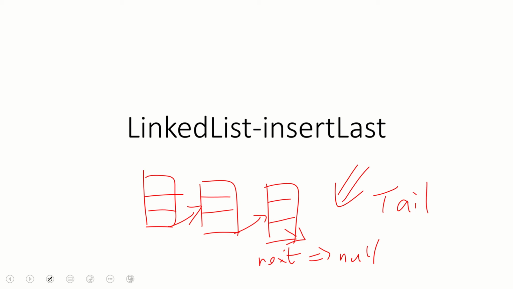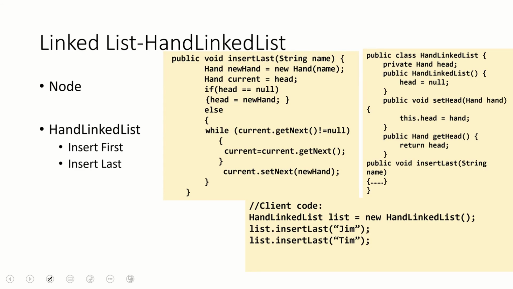Using this way, we identify the tail and make this tail point to the new node. Okay, so let's take a look at the code.